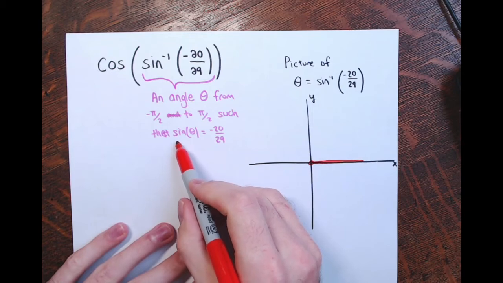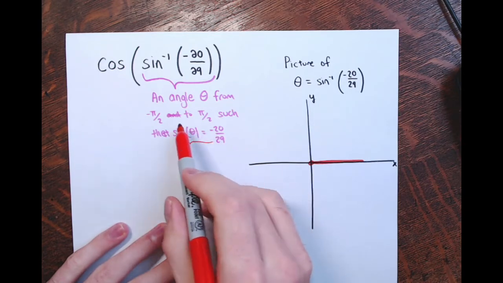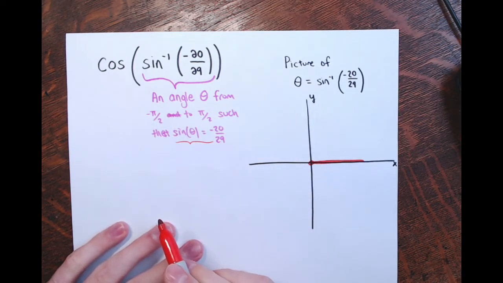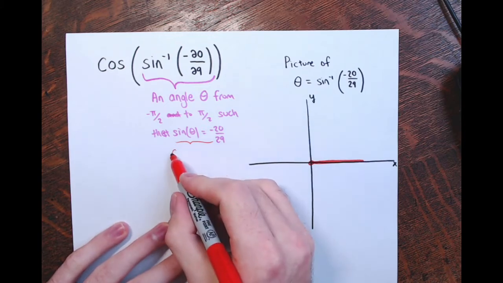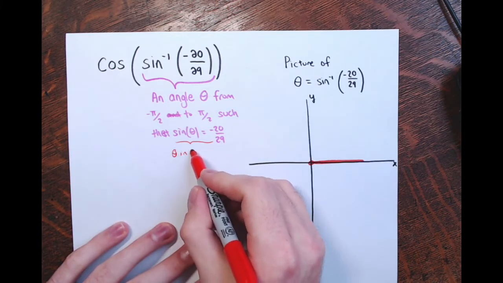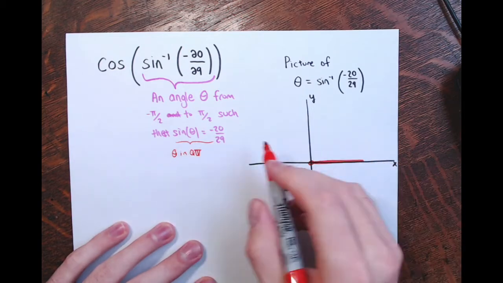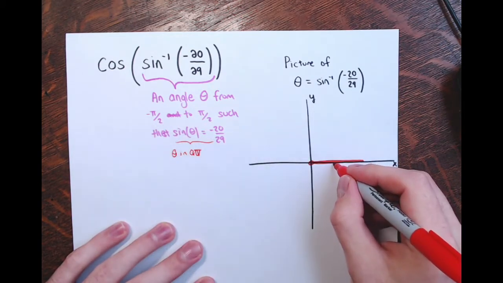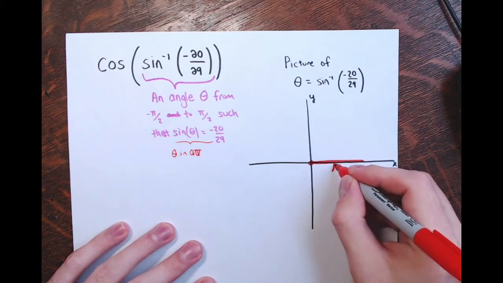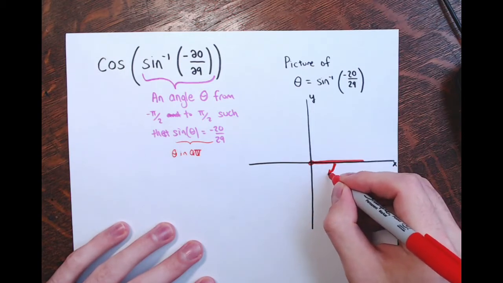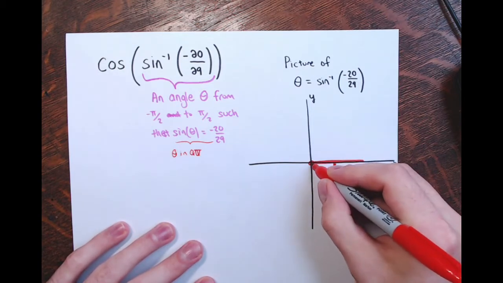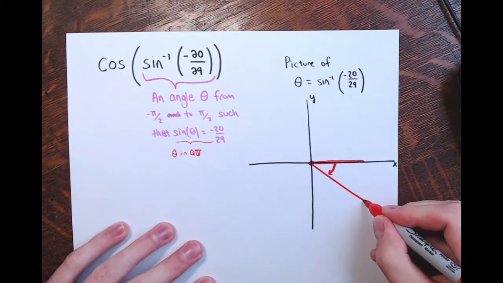If the sine of theta is negative 20/29 and theta has to be between negative pi over 2 and pi over 2, theta has to be in quadrant 4 then, where sines are negative. So I'm going to draw a negative angle, something from 0 to negative pi over 2. So some negative angle, clockwise, that ends in quadrant 4.